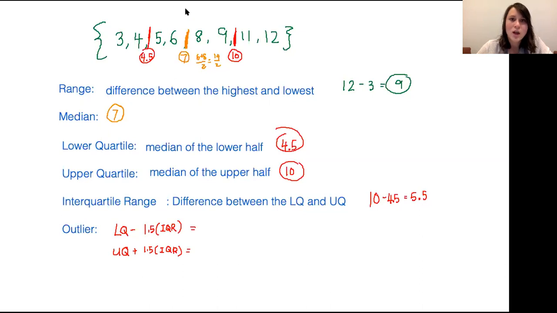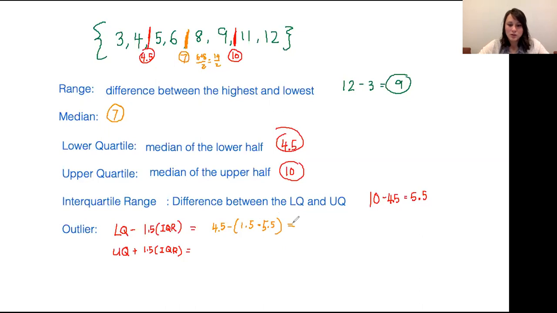So all this information you just found is useful here because that's going to help us find the outlier. So my outlier, if I'm using this information, my lower quartile is 4.5. So it's 4.5 minus 1.5 times 5.5. So it's really saying it's 1.5 times smaller than your smallest number.